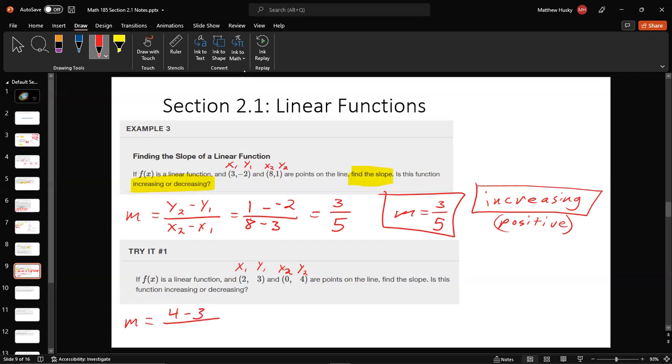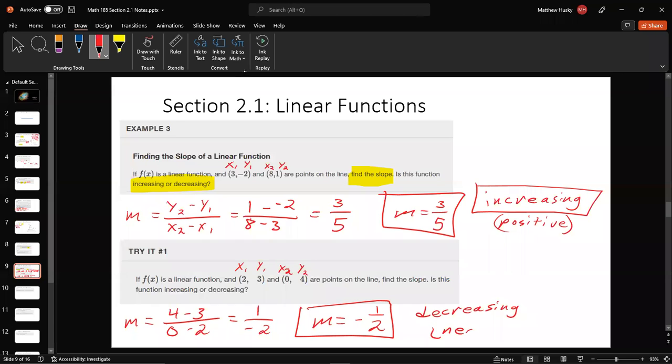Second minus first, 0 minus 2. 4 minus 3 is 1. 0 minus 2 is -2. So that is m equals -1/2. That is going to be decreasing since that is a negative slope.